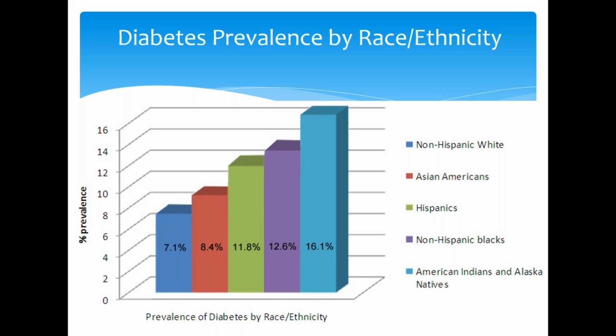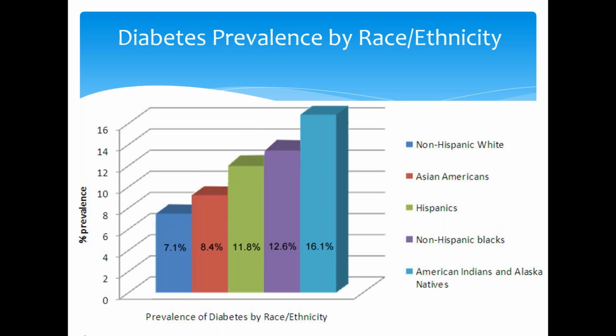So a lot of things that we're talking about and trying to prevent, and complications and things like that, we're able to cover and collaborate on within the diabetes program and education program. But as you can take a look here at this slide, the diabetes prevalence by race and ethnicity.